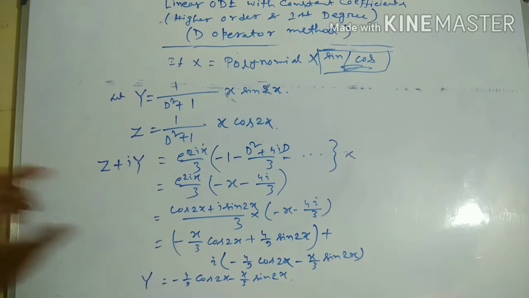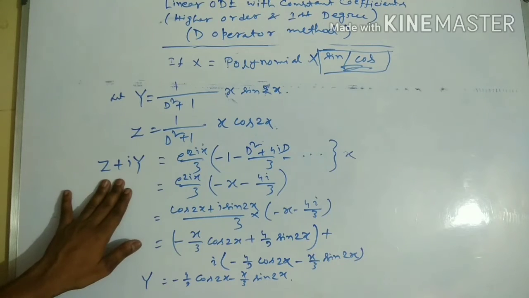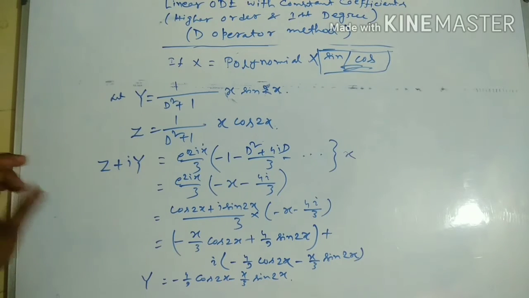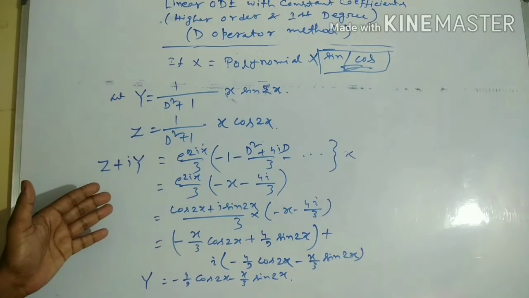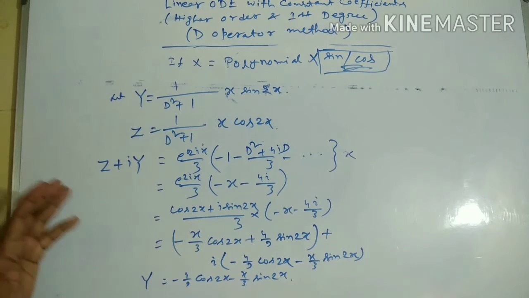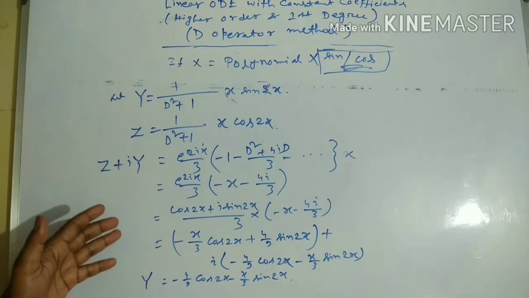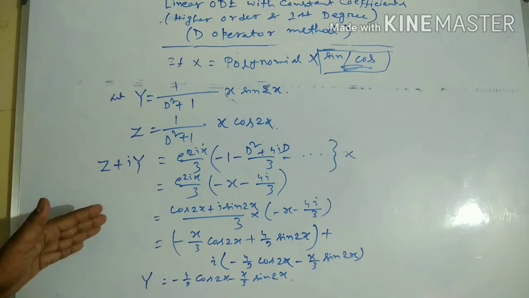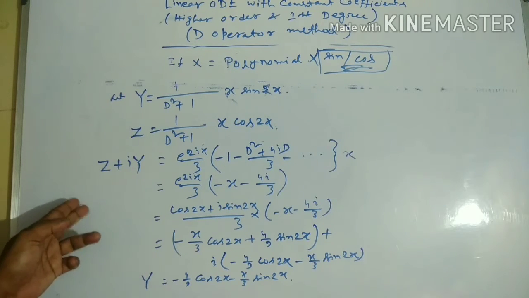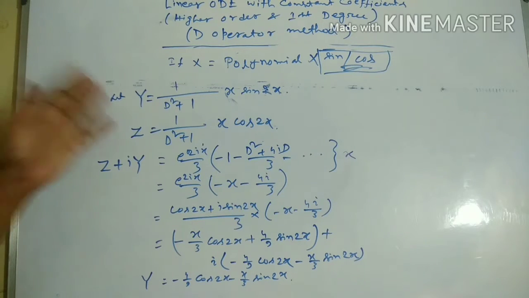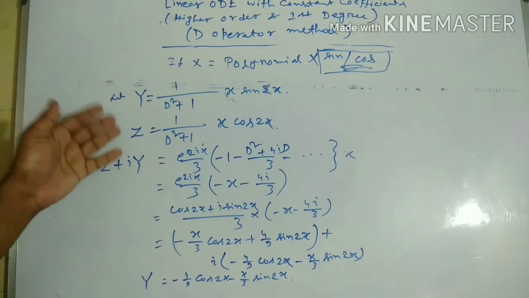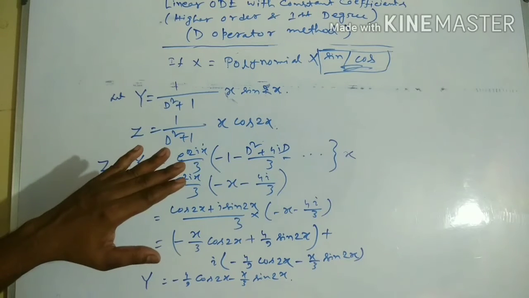Then we combine them, and we have to write i with the sine function, so that we get the e to the power ix function. Then we apply the previous rules we have learned to solve, and in the last we compare the real part and imaginary part, and we will get our required result. It may be either y or z, that is either with the sine function or the cos function.